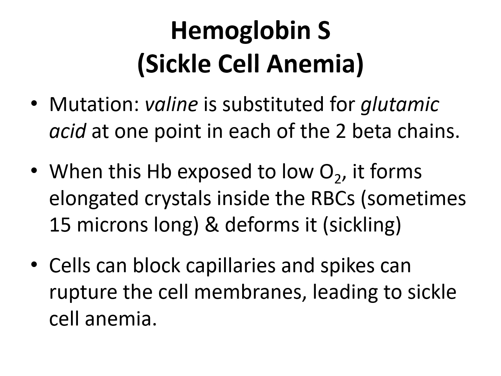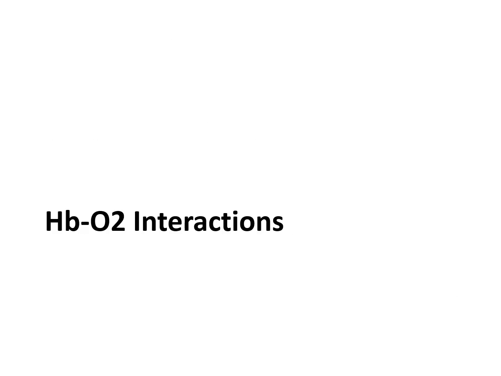And when this happens, the cells are deformed and they can block capillaries and cause ischemic changes, decreased perfusion of tissues, and the spikes can rupture the cell membranes, and this leads to anemia. So you get sickle cell anemia. So with this introduction, let's now move on to see how hemoglobin and oxygen interact.